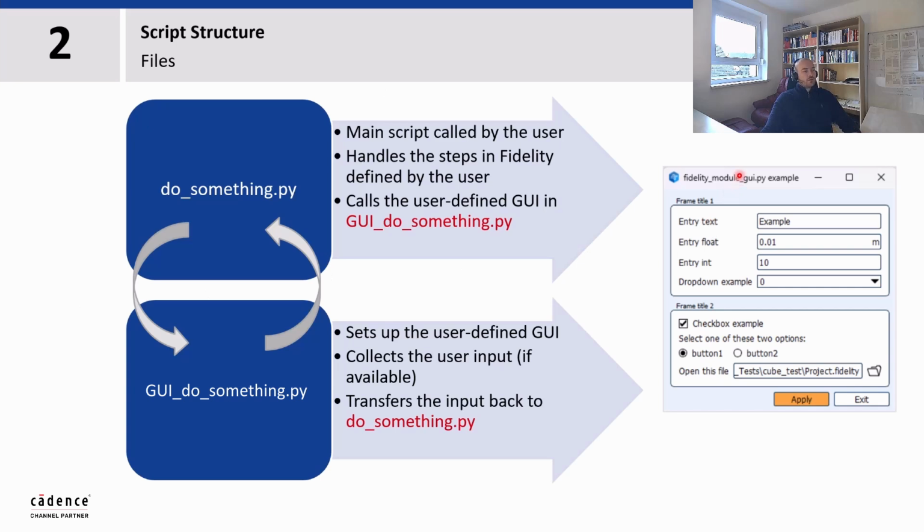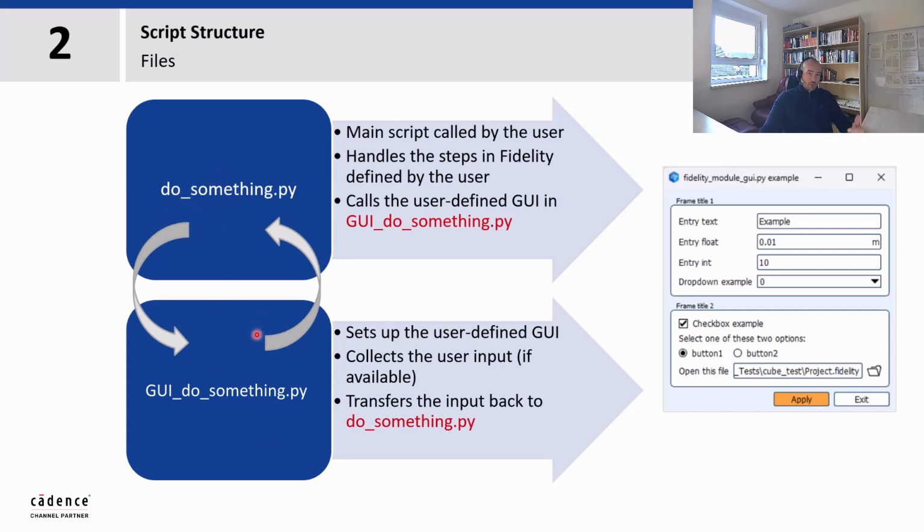So in order to create a user interface on top or within a script that you apply in Fidelity, you will need two Python scripts. And in my example here, I chose to name them dosomething.py and GUI dosomething.py. And they should be both in the same directory. You can, of course, change the name, but it's currently best practice to name them similar.